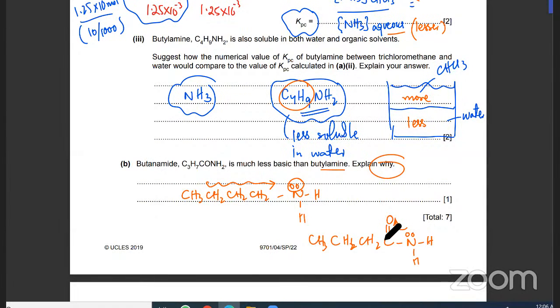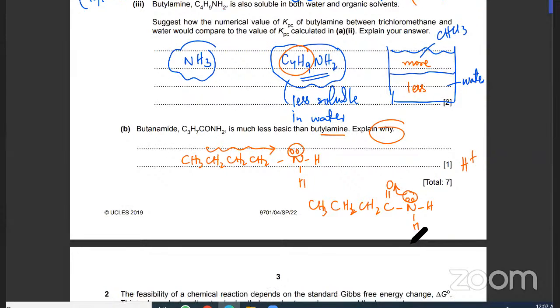The lone pair overlaps with the pi electron cloud in this C=O bond, because the oxygen is an electron withdrawing group. So the negative charge density over here decreases. So if there's an H+ around, that H+ will not be attracted to this lone pair.